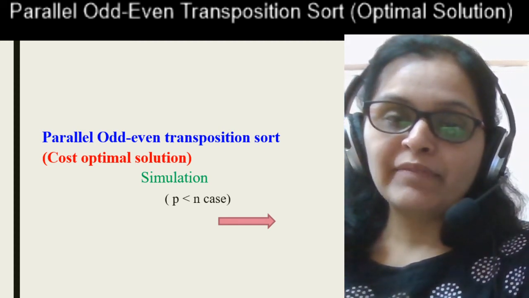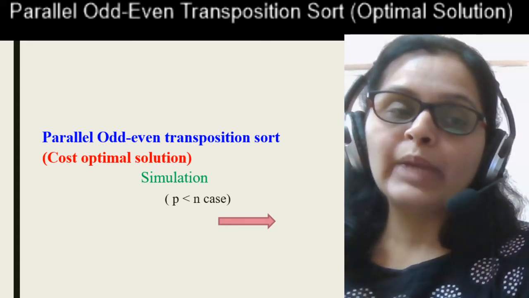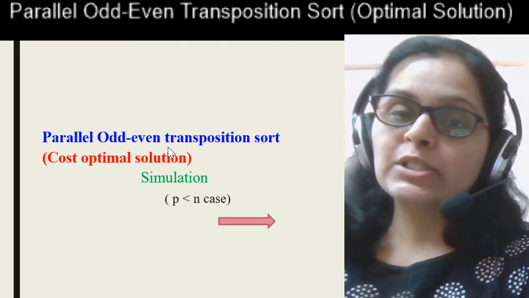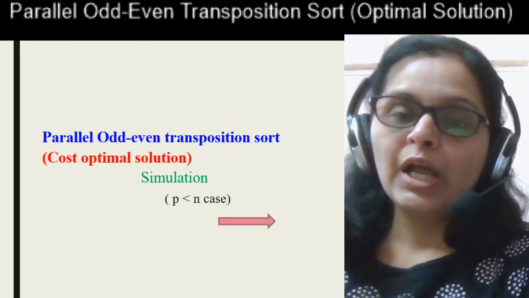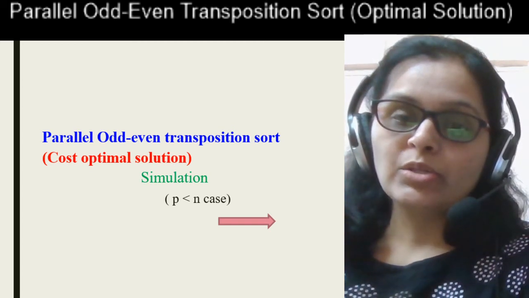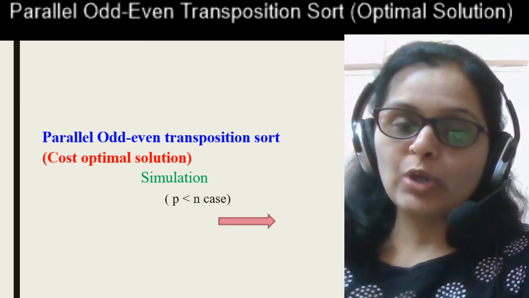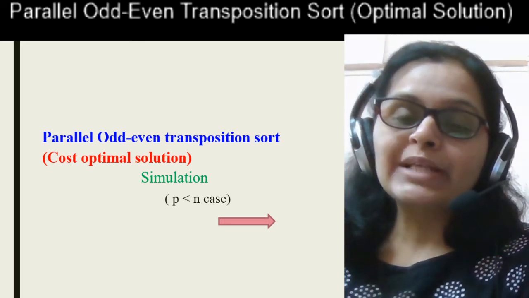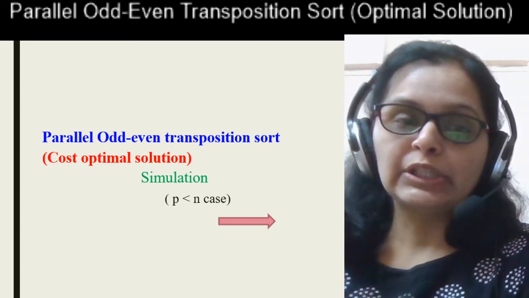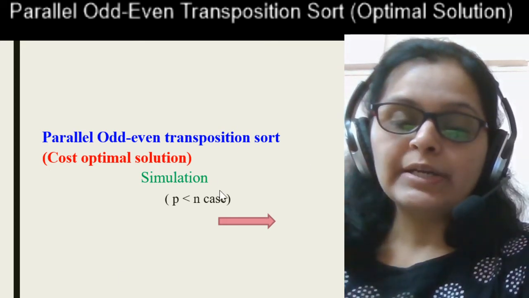In the second video, we have seen that even though we have formulated it in parallel, it was not the cost optimal solution in that case where P is equal to N. We have seen with the help of some performance parameters that it was not the cost optimal solution. So now in today's video session, you will see the cost optimal solution for the parallel odd even transposition sort. So let us start.